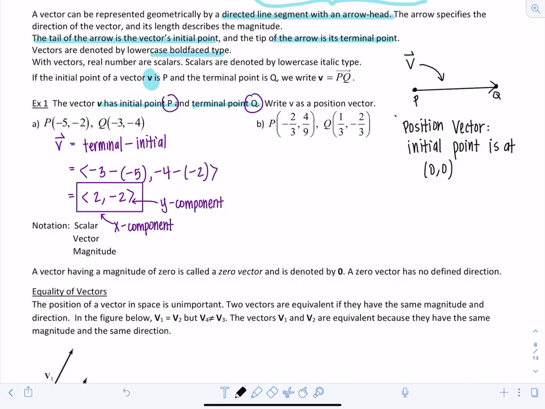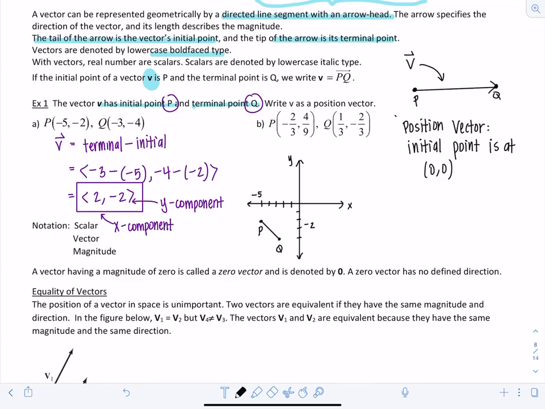So let's just do a quick little sketch. P was at (-5, -2). So here's P. And Q was at (-3, -4).